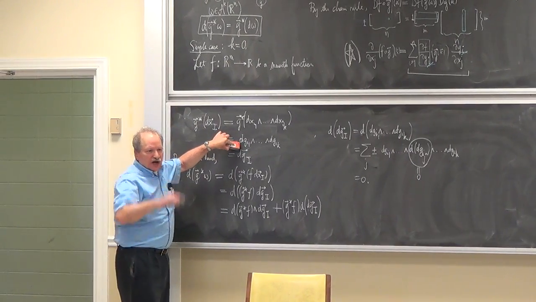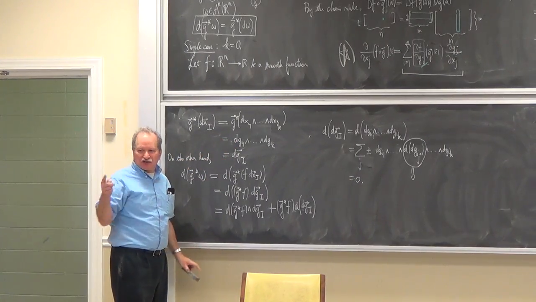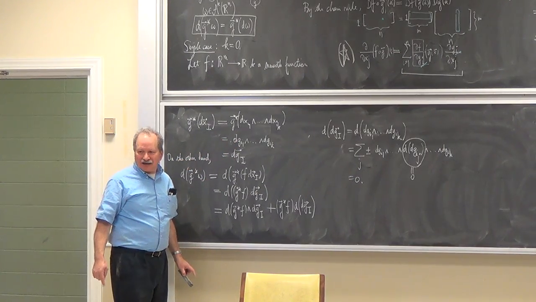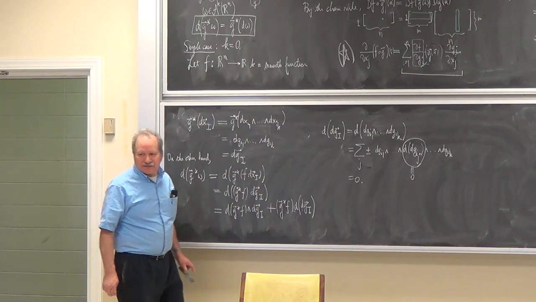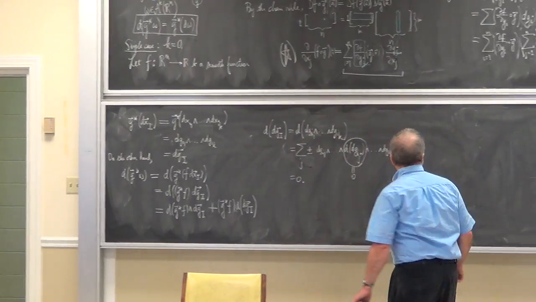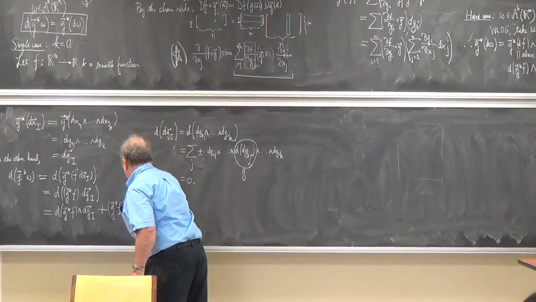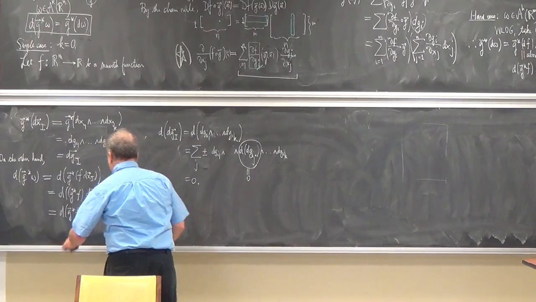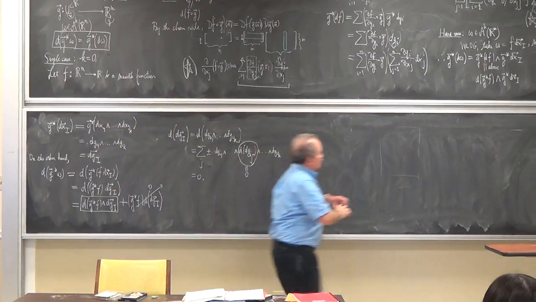So when you take d of a product of such things, it's 0 by your homework. You proved the wedge of 2 exact things is, again, exact, which means d of it is 0. Okay, so we're done because this is 0, and this matches this.